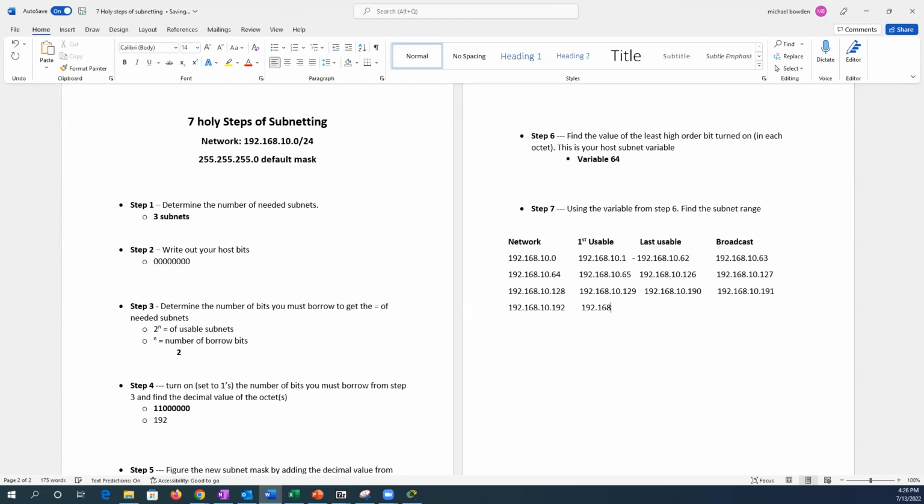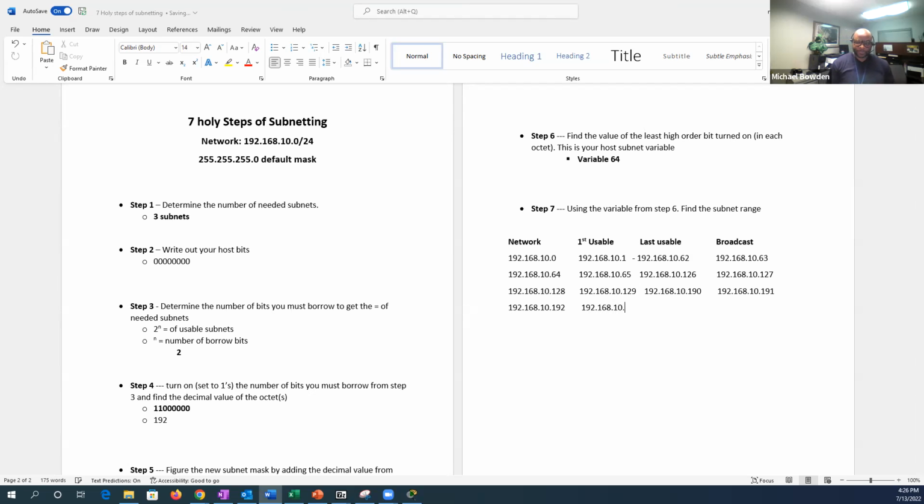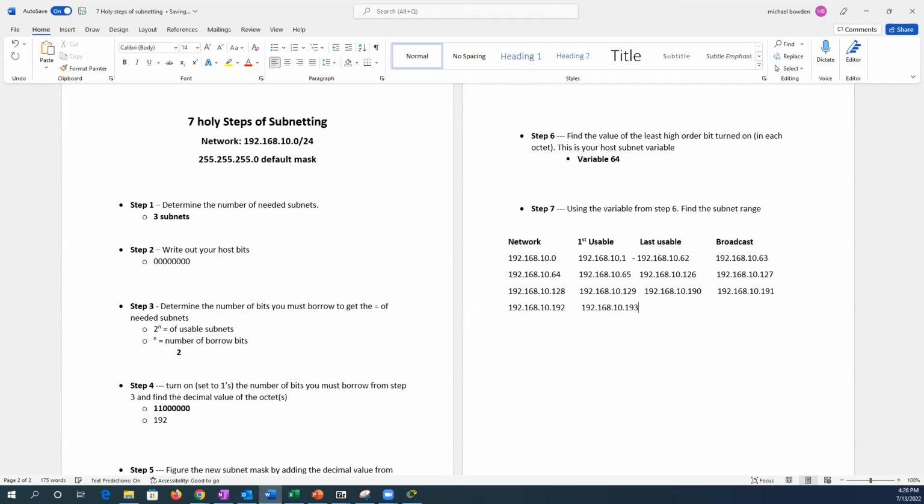Sometimes they even have to do the full 4 octets that are turned on and turned off, especially when we get into ANDing. It takes time. Even in earlier versions of Cisco and CCNA, VLSM was always troublesome. And luckily it's getting easier to discuss and talk about.